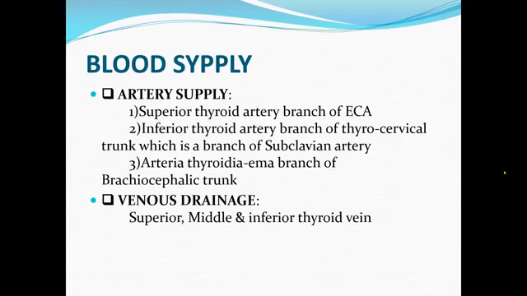The inferior thyroid artery is a branch of the thyrocervical trunk, which is a branch of the subclavian artery. Arteria thyroidea ima is a branch of the brachiocephalic trunk.